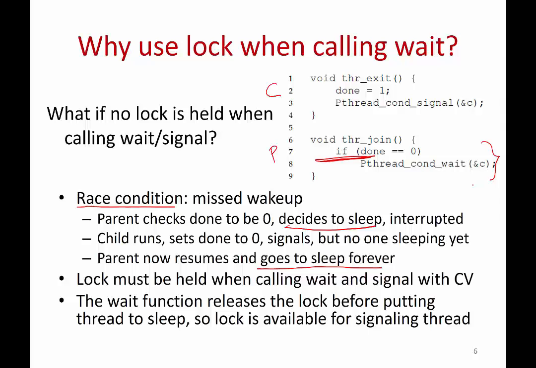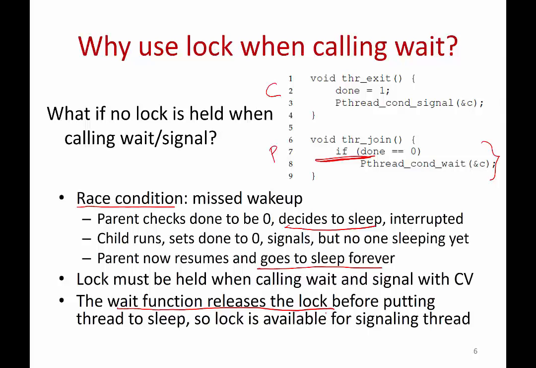These two lines should happen atomically, and that is why you need a lock. So you hold a lock here before you check the condition, and you give the lock to the condition variable function, and the wait function releases the lock after control is taken away from the parent, just before putting the thread to sleep.